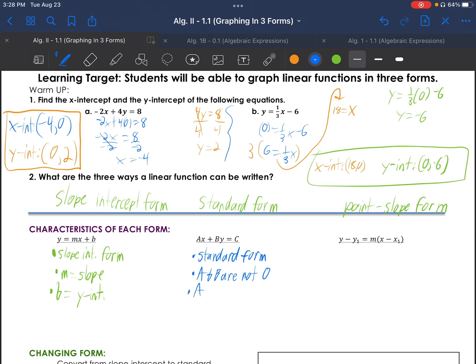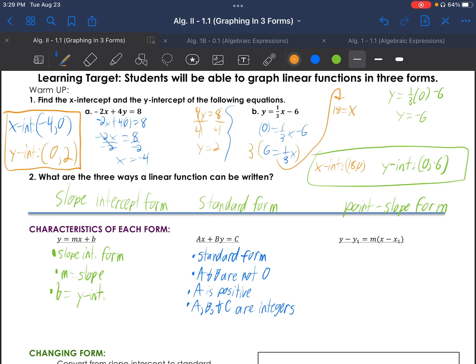A has to be positive, not necessarily B and C though. And then A, B, and C are integers, aka not decimals or fractions.